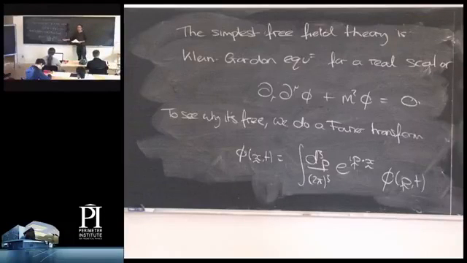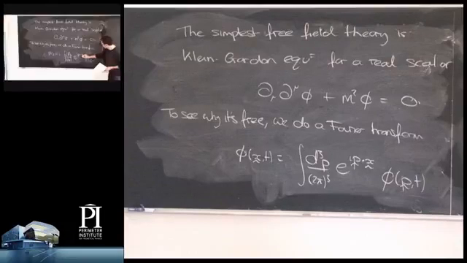Yes, but what's p? Is it the conserved momentum of the field? We're doing a Fourier transform with respect to x, so you could think of p just as what you need to do the Fourier transform with respect to x.